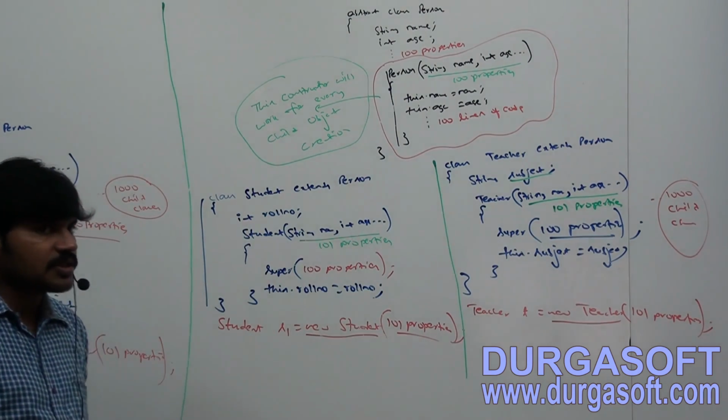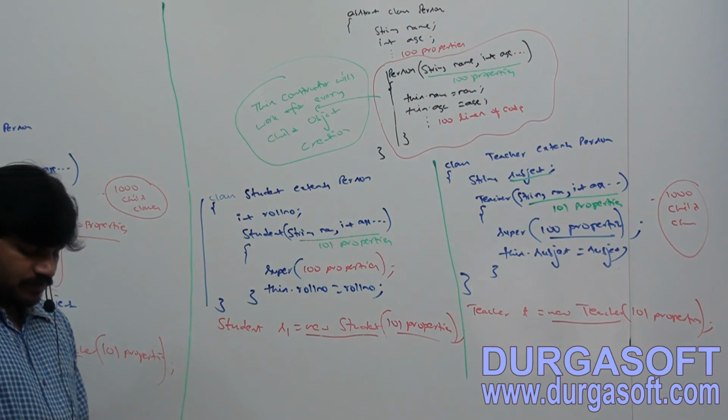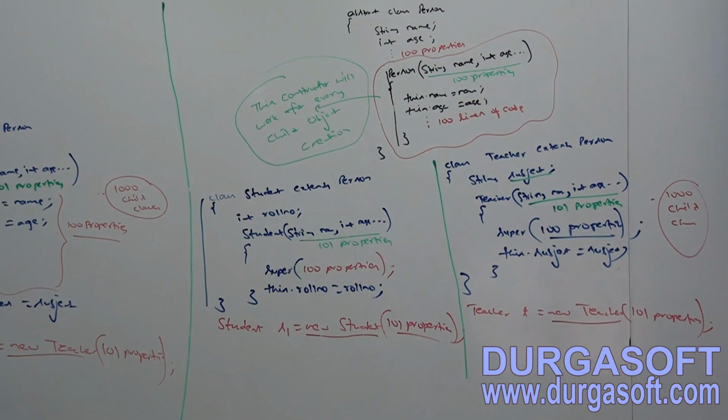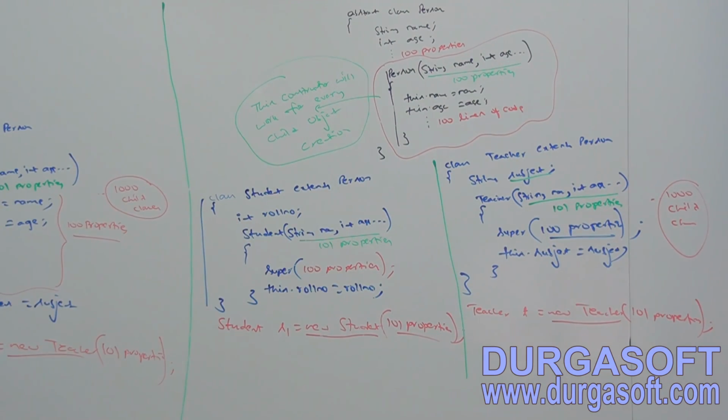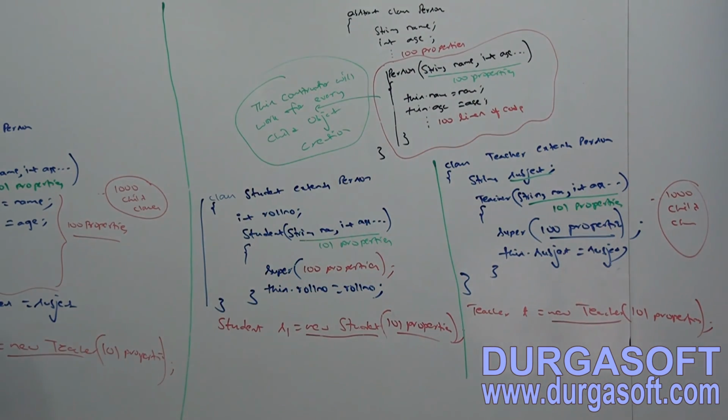So abstract class instance variables. Completed, right? Make sure you people are aware clearly.